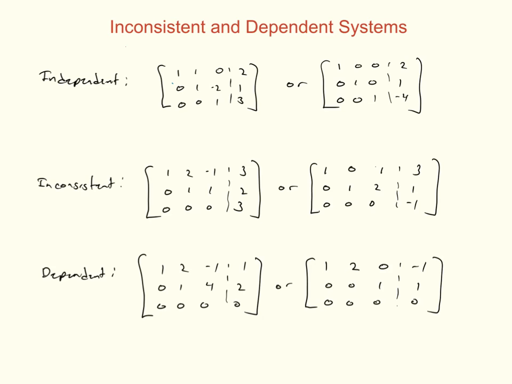So in that situation, you could still end up with an independent, inconsistent, or dependent system. It's just got to be what happens in terms of how many rows of zeros. If the number of non-zero rows is less than the number of variables, then it's going to be either inconsistent or dependent.